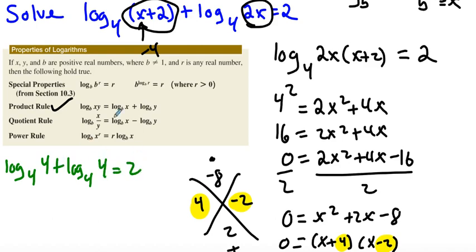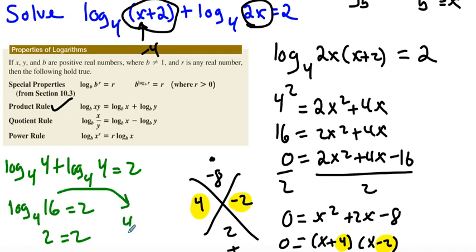I'm going to use our product rule again, where if I add 2 logarithms, it's going to be a product. So my product is going to be 16, 4 times 4. And check this out: log base 4 of 16 is 2. So the left side is 2 and the right side is 2. You can think of this as 4 to the power of what is 16? Well, that answer is 2. And so that's how I knew that this is 2. So 2 is the answer, -4 is not.